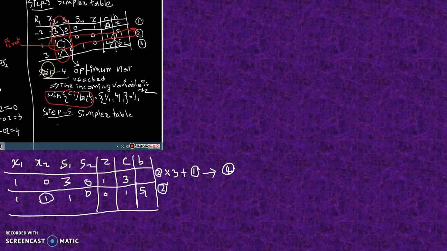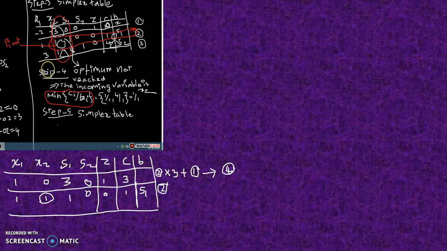Right. Now here we have to make it 0. So multiply this by minus 1, add with this, you will get 0 here. Multiply this by minus 1, add with this.